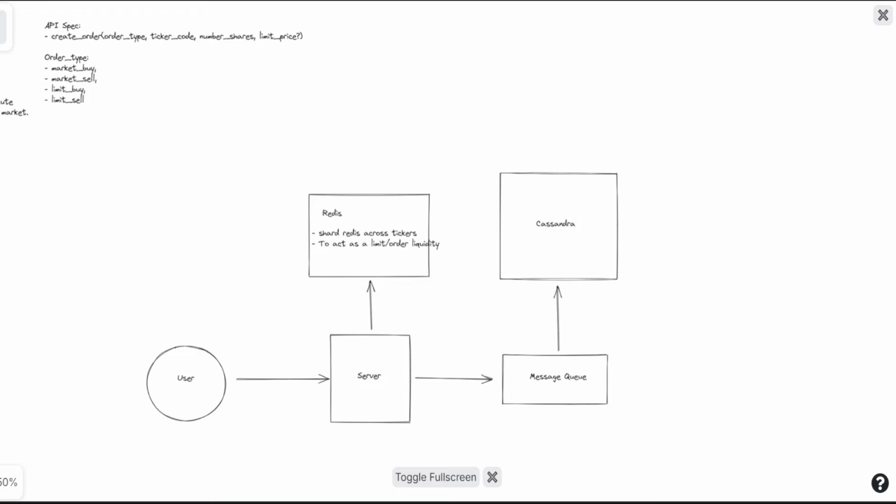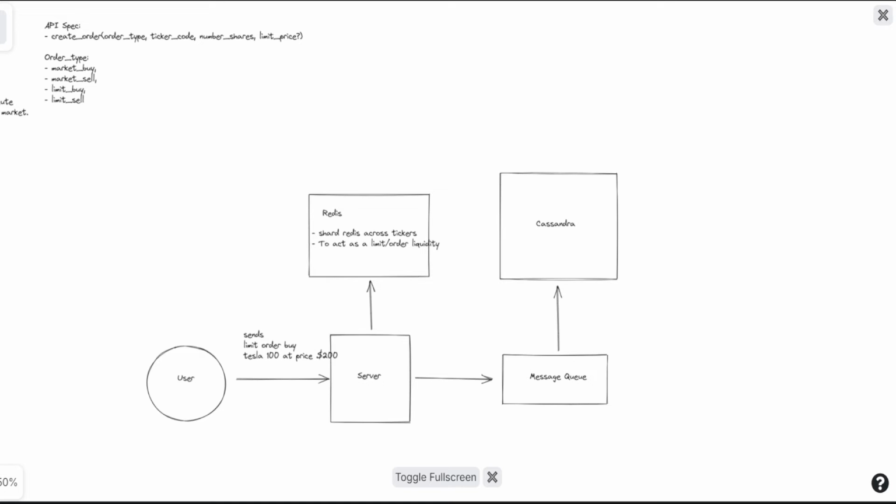So let's say, for example, the user sends a limit order to buy Tesla, 100 shares at a price of, I don't know, $200.